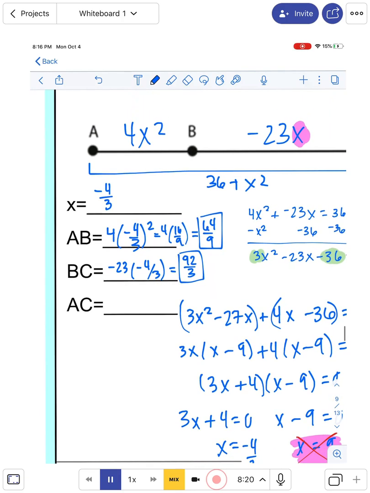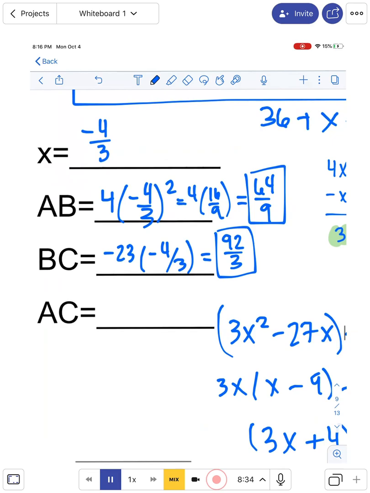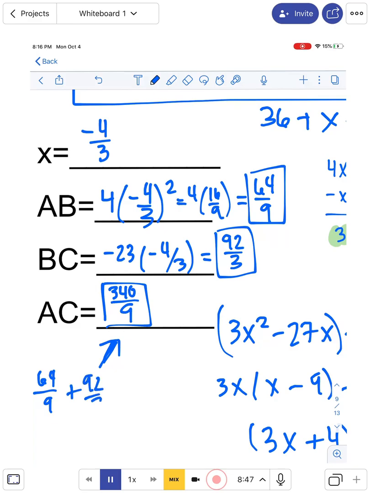And then for AC, there are two ways to find AC. I can just add AB and BC. And if I just do that in my calculator real quick to get a common denominator, we get 340/9. So I got that by just adding 64/9 with the 92/3.